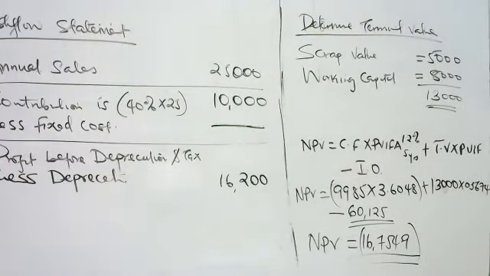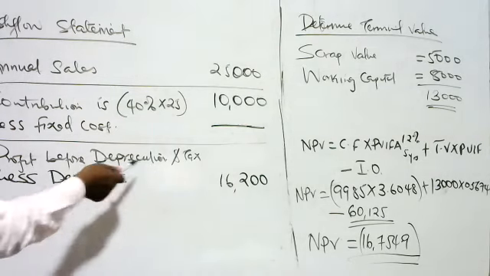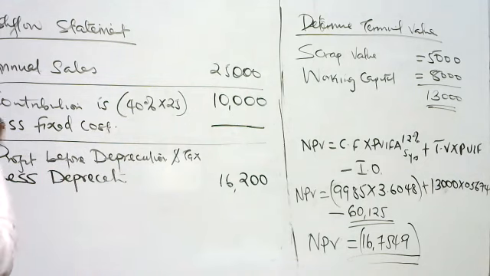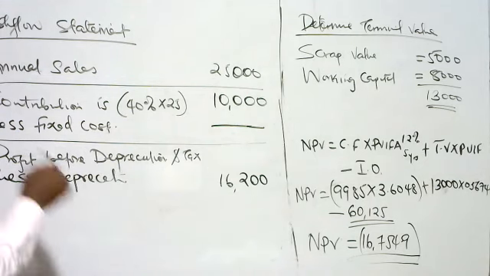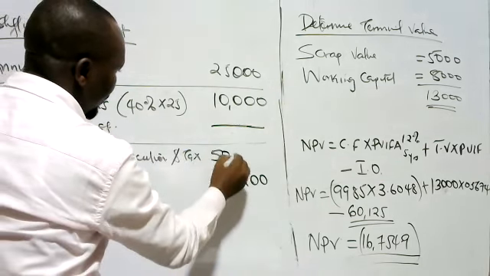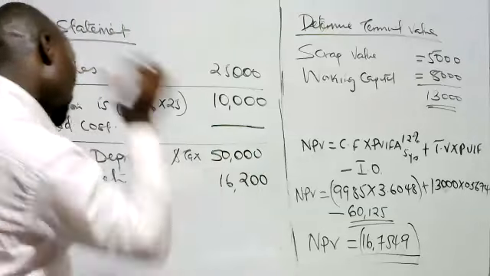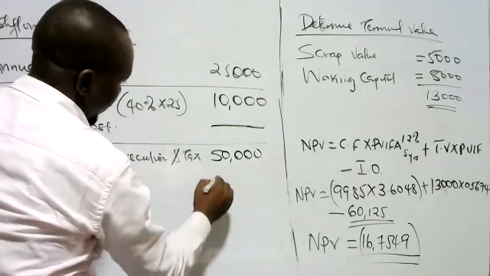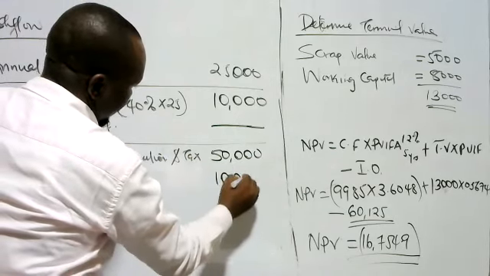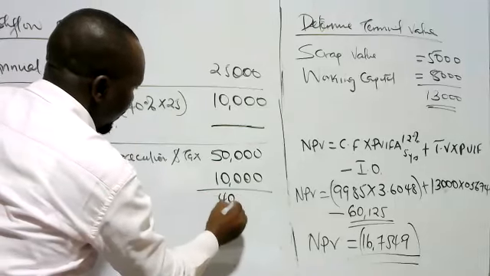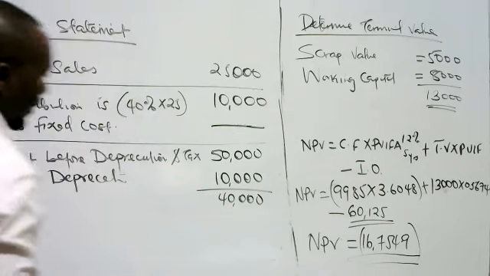just for illustration, that you're having profit before depreciation and tax of, let's say, 50,000. And then we have a depreciation of 10,000. So normally you will have here 40, right?